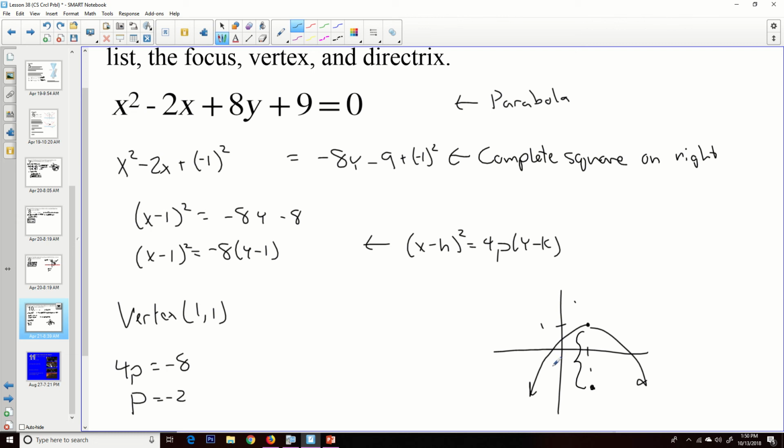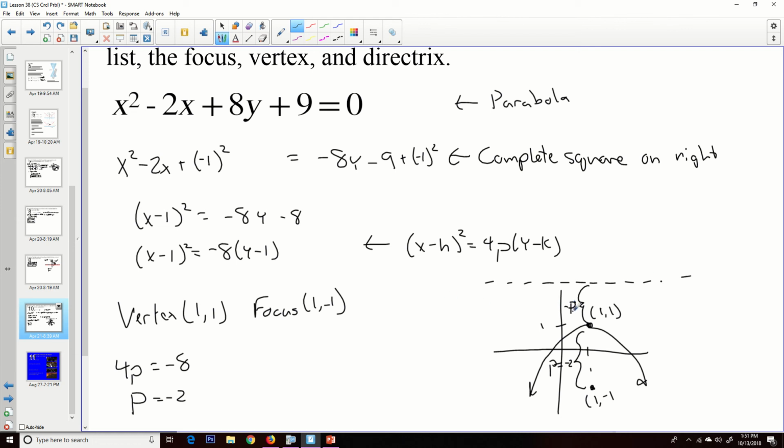So if this point right here is (1, 1), and I go -2 down, this point right here will be (1, -1). So my focus is (1, -1).